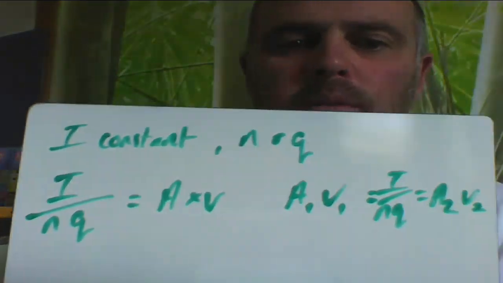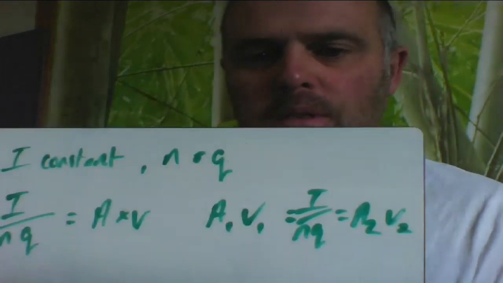So that means that cross-section area before, let's call it A1, and the velocity before, V1, is going to be equal to I over NQ, which is going to be equal to the cross-section area and the velocity afterwards.